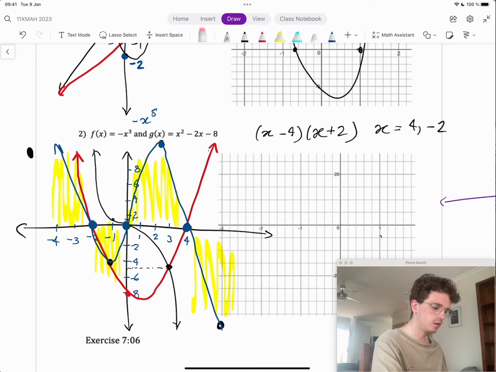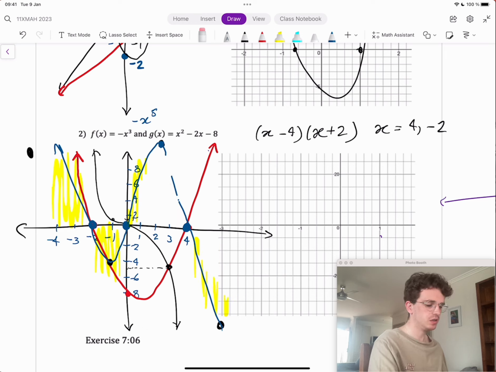I might rub out some of the highlighter. Again, with these functions, it's not so much important to have exact values. What's more important is that we get the general shape and understand what's happening in general.